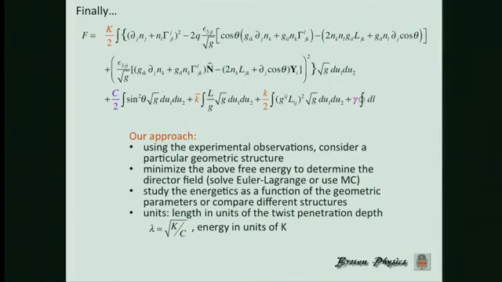And then what we do is we say, okay, given a particular structure, let's minimize the above free energy to determine the director field, but also figure out the optimal geometric parameters of a given surface. And then what we can do, in effect, is two things.